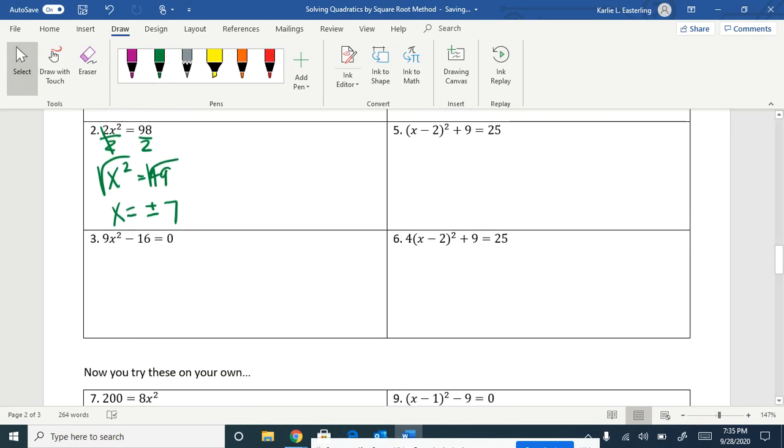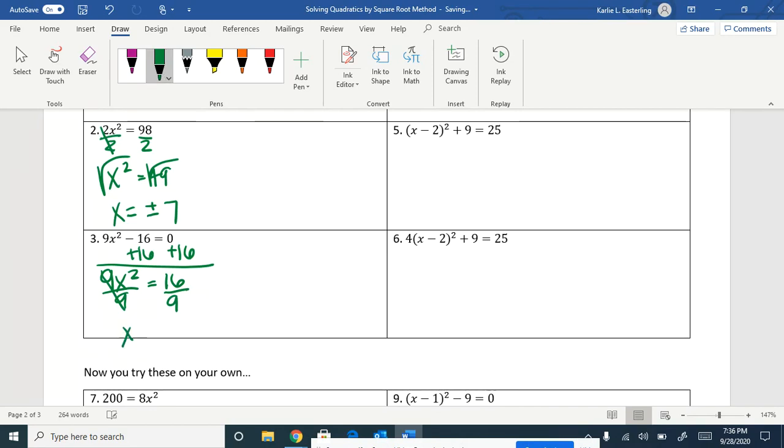Let's come down here to number 3. Again, we're going to have to isolate that x squared, so we're going to add 16 to both sides. So we're looking at 9x squared equals 16. We're going to divide by 9 on both sides, so we'll have x squared equals 16 divided by 9, which is not perfect.